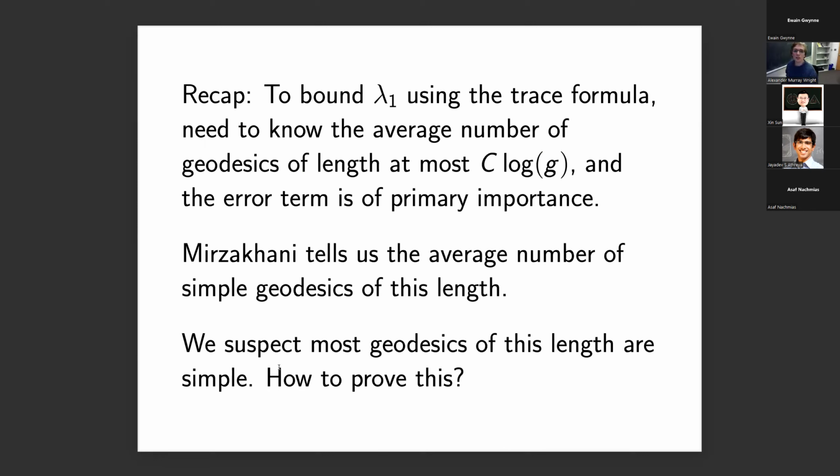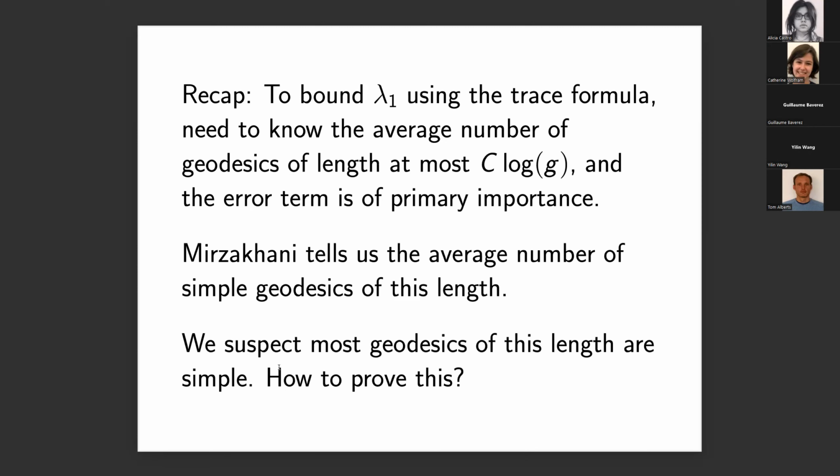And so we need to know the average number, averaged over the space of all hyperbolic surfaces, of geodesics of length at most a constant times log G. And I want to emphasize for us, it's all about the error term. The name of the game is the error term. You could prove the 1/4 result if you could understand the error term well enough. And so Mirzakhani tells us the average number of simple geodesics of this length. And based on that birthday paradox conjecture, we suspect most geodesics of this length are simple.